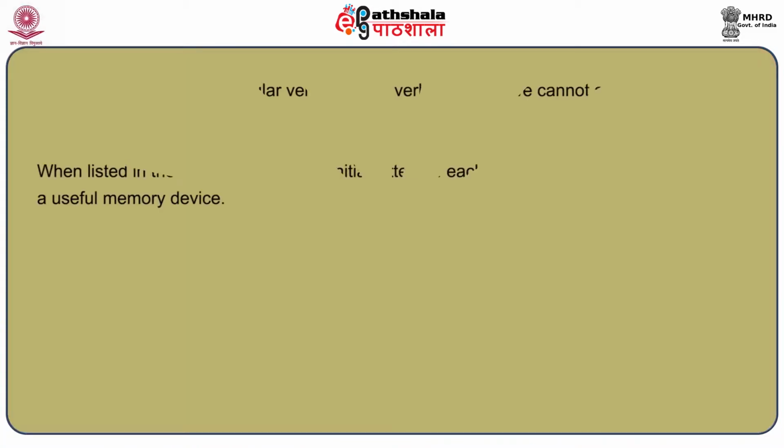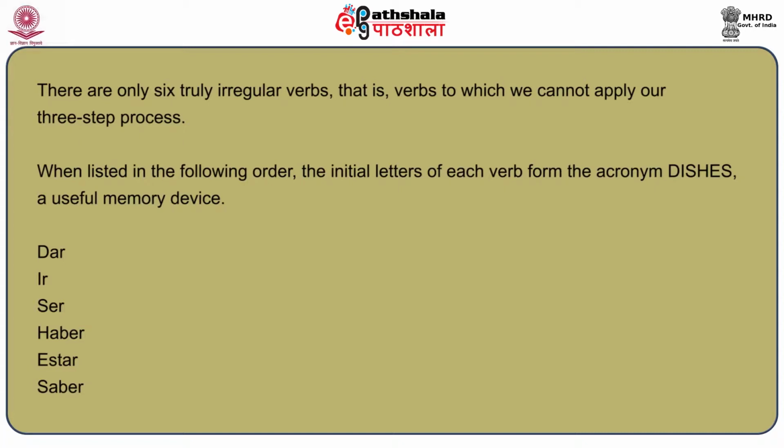When listed in this order, the initial letters of each verb form the acronym DISHES, a useful memory device. Dar, ir, ser, haber, estar, saber.